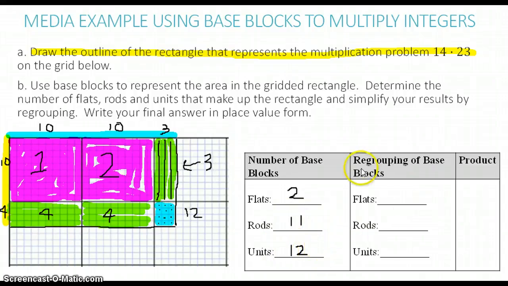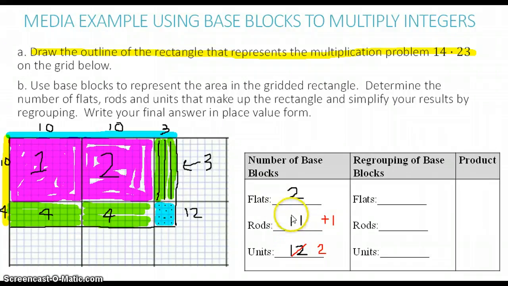Now let's regroup this. So we know if we have 12 units, let's use a different color pen, that's the same as 2 units, and now I'm going to add a rod up here. So 10 of the units makes a rod, and now we're left with 2 units. Here we have 11 rods plus this other one, so I'll add this on in just a minute.